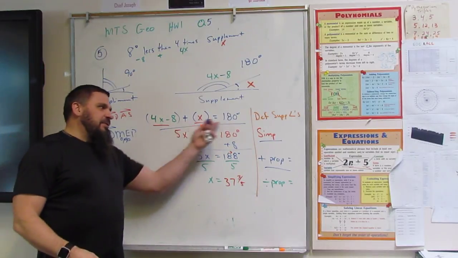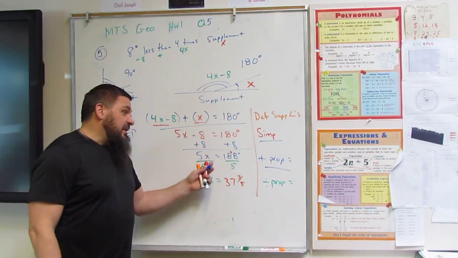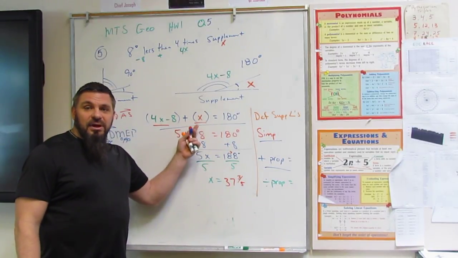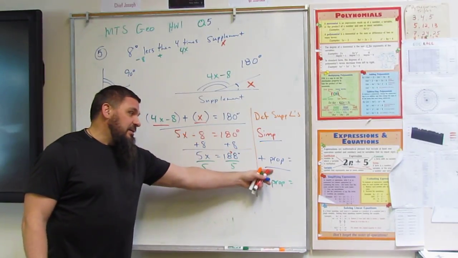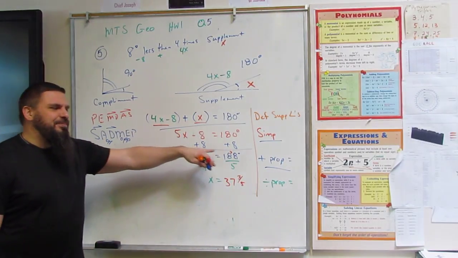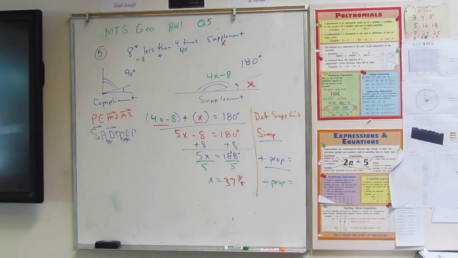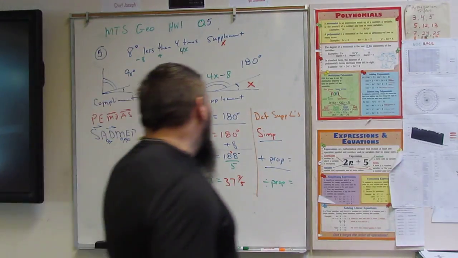They'll just have you fill this in and tell me what this is. They'll have this stuff down, they just won't have that there. You'll be like, oh, they had to add both sides. Oh, addition property of equality. Simple. It's easy. We can do this. That's it. That's number 5.